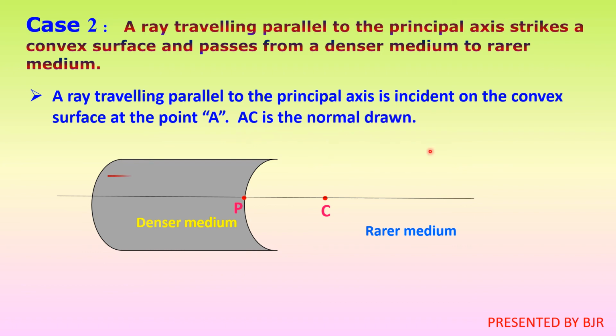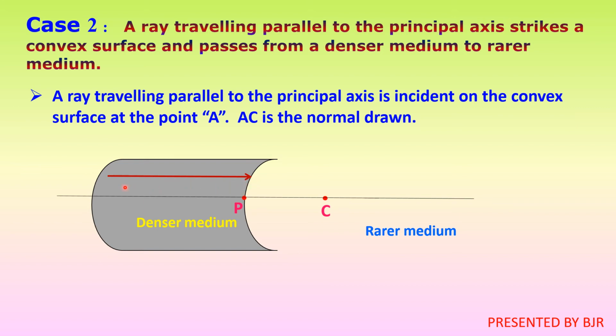Okay, so here is the ray. This is the ray. I want to know the behavior. So this ray is traveling parallel to the principal axis. Okay, now, so it is incident at the curved surface here.